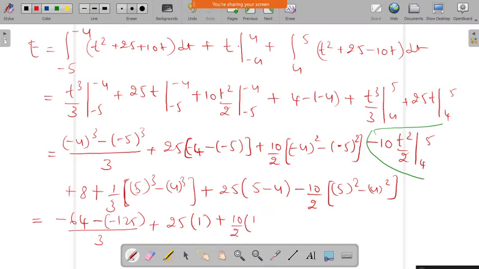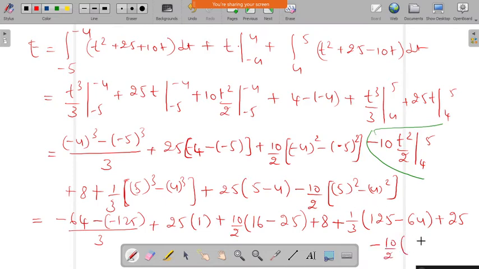Minus 4 square is 16, minus -5 square is 25, so minus into minus will become plus, it is 25. And similarly here plus 8 and then plus 1 by 3 into 5 cube is 125 minus 4 cube is 64, again plus 25 into 5 minus 4, it is plus 25, and then minus 10 by 2 into 5 square is 25 minus 4 square is 16. So this is what the values we are going to get.